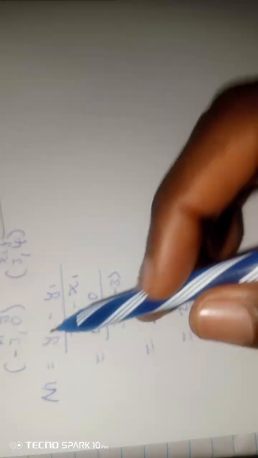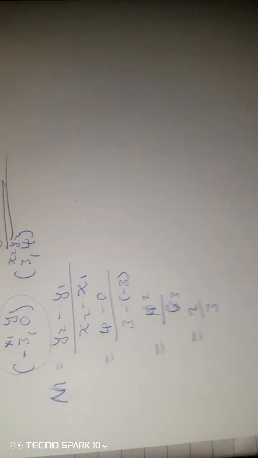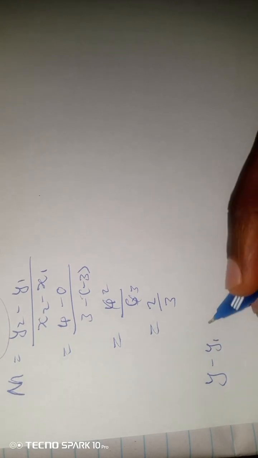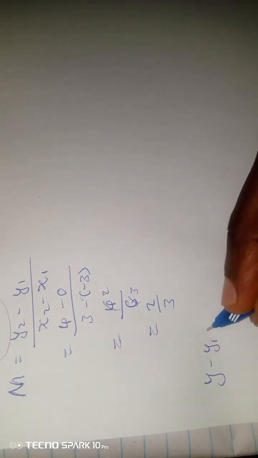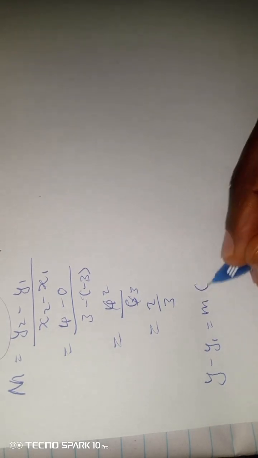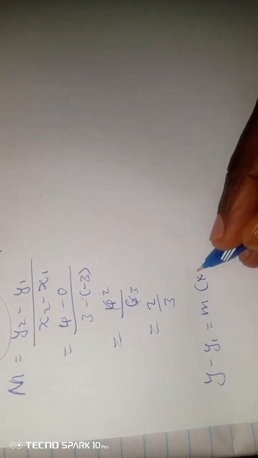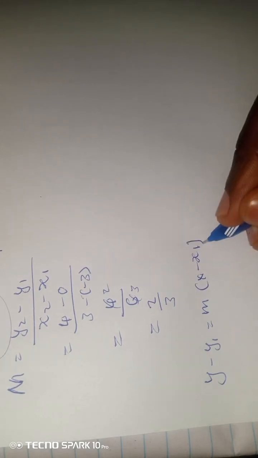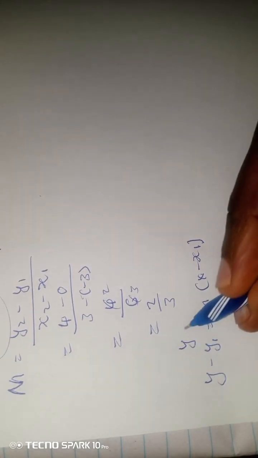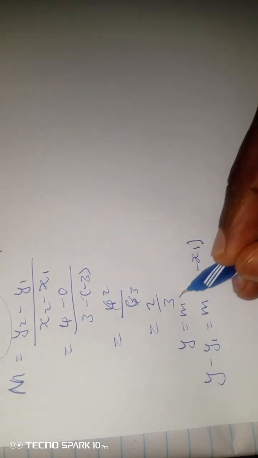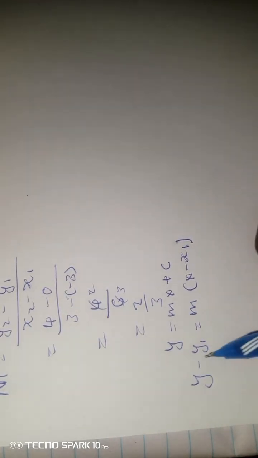So I'll get this one, and then remember the equation that I recommended, this one. You say y minus y1 equals to m(x minus x1). If you want, you can use this one, y equals to mx plus c, if you want.